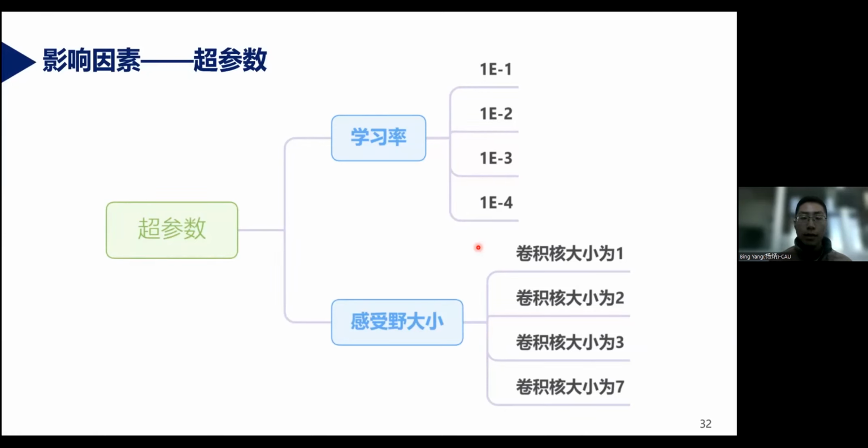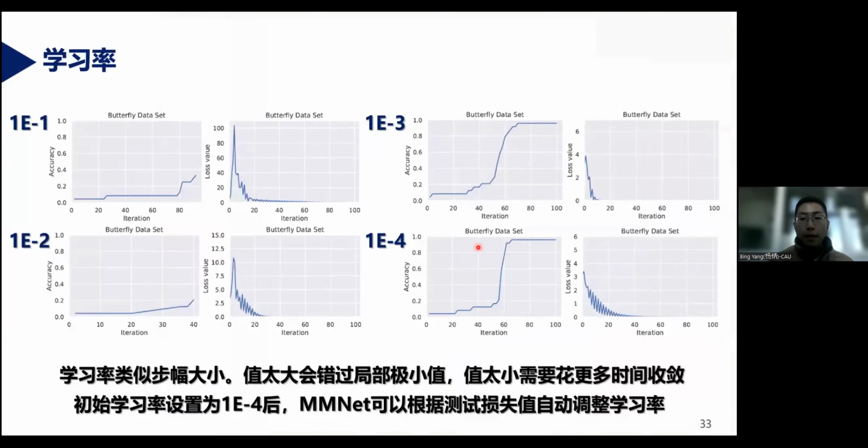We tested learning rates, and we increased them from 1 to 7. Learning rate is similar to stride size. If the value is too large, the local minimum will be missed, and if the value is too small, it will take more time to converge. So it's really relevant to performance.